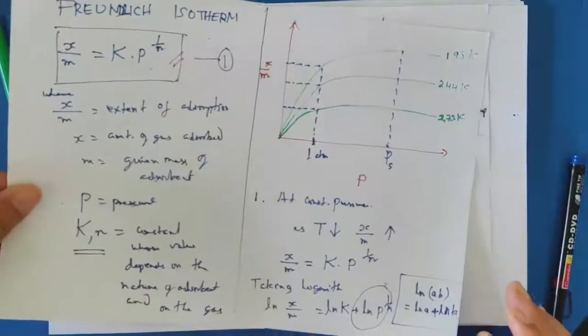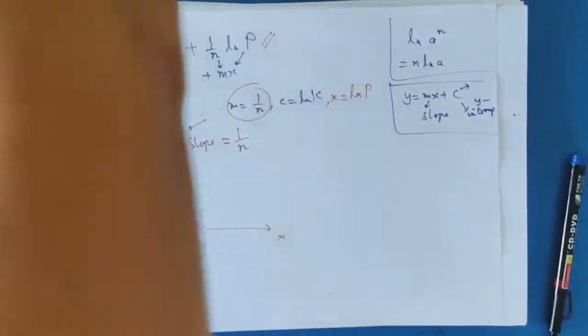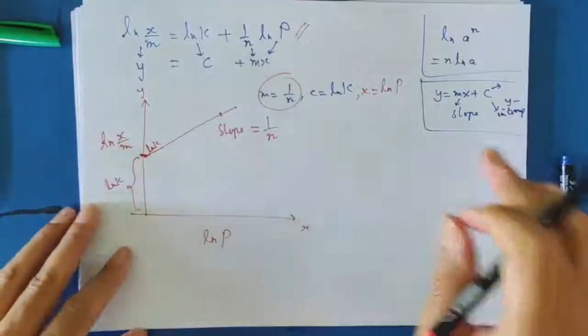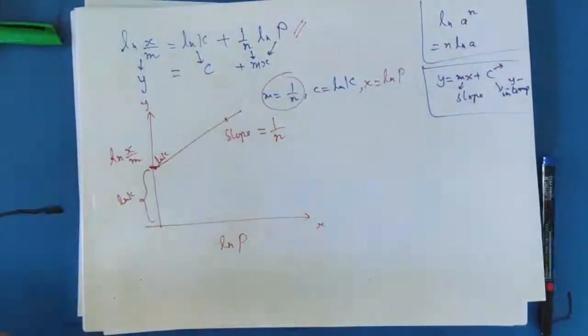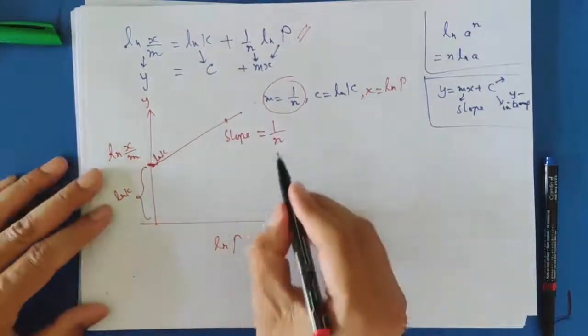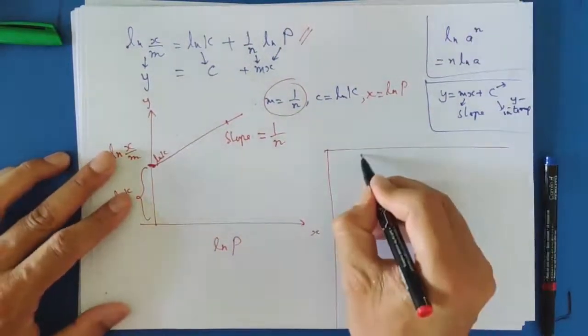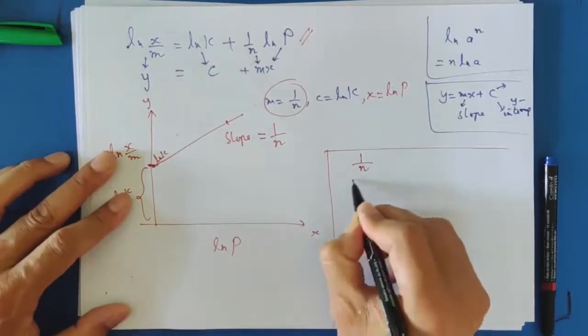From the Freundlich isotherm, we study in detail. A discussion on 1 by n. What is this 1 by n?